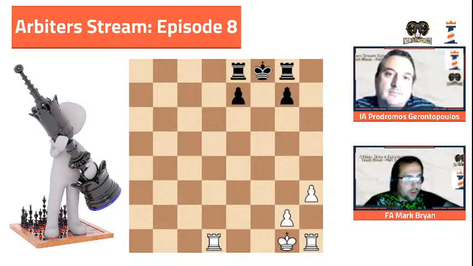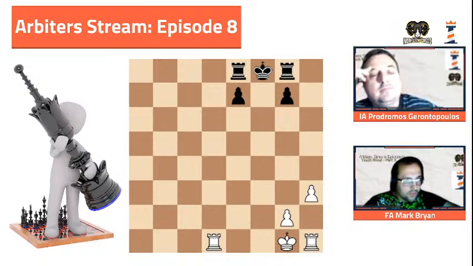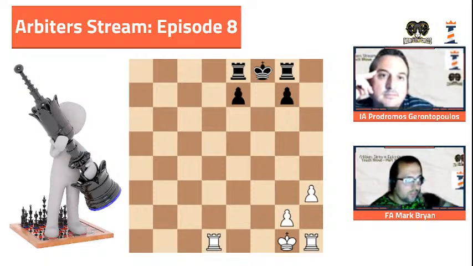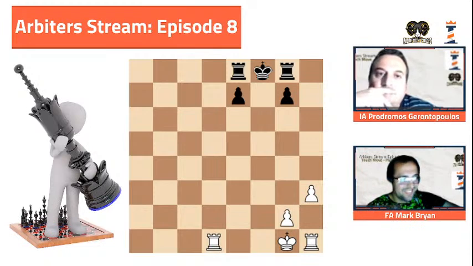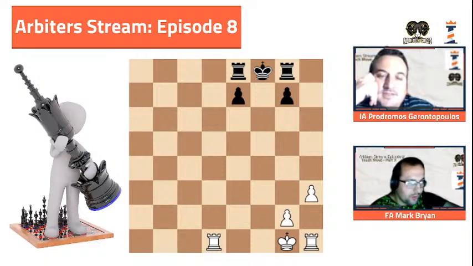No, you have to press the clock to have the 30 seconds. If you don't press the clock, you don't have 30 seconds. You get the increment after pressing the clock, Vasily, not before you press the clock. I cannot claim I had 30 seconds because they would give me time.